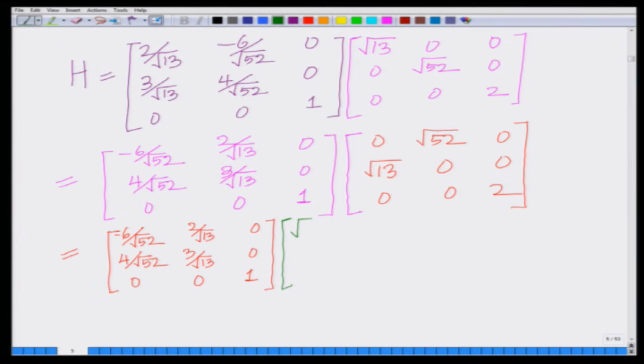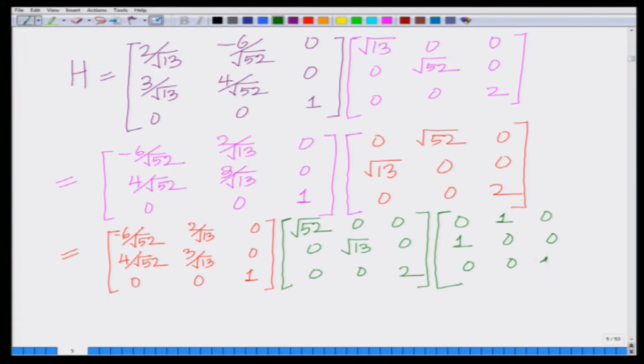Now, let me make this a diagonal matrix: square root of 52, square root of 13, 2, 0, 0, 0, 0, 0, 0, and now I can multiply this by the matrix which is 0, 1, 0, 1, 0, 0, 0, 0, 1, and now you can see this will swap the columns of the diagonal matrix. So, now you can see I have my matrix U, I have my diagonal matrix sigma which has the non-negative singular values in decreasing order, I have my matrix V Hermitian.